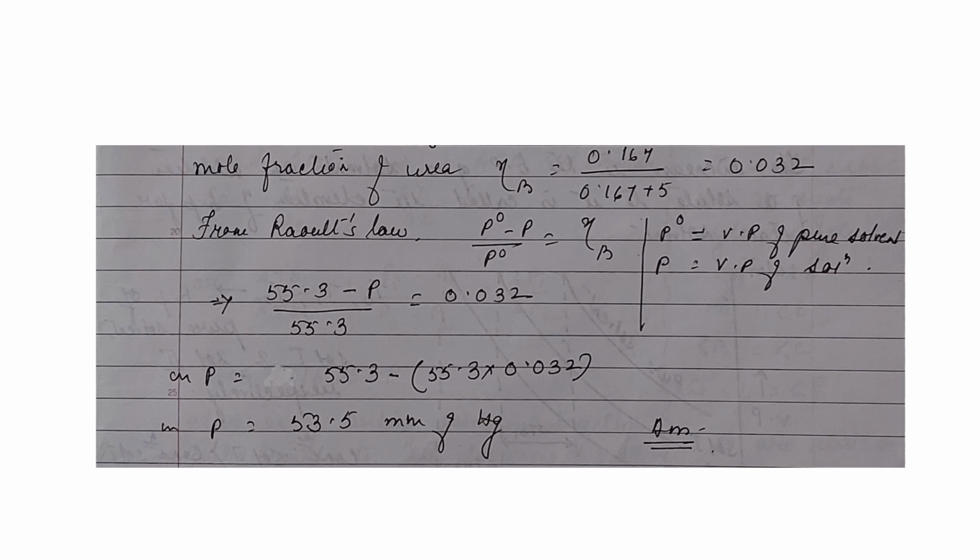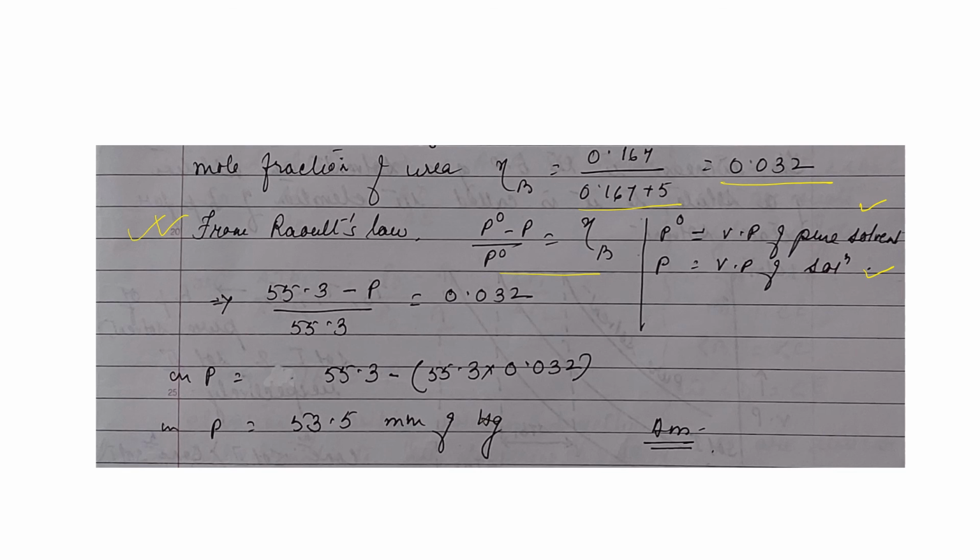So mole fraction of urea is equal to 0.167 divided by 0.167 plus 5. This is the number of moles of the solute and the solvent. So we are getting 0.032. From Raoult's law, the formula is P0 minus P by P0 is equal to the mole fraction, where P0 is the vapor pressure of pure solvent and P is the vapor pressure of the solution.